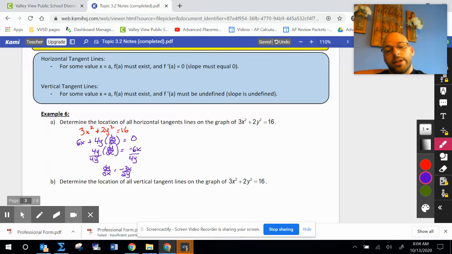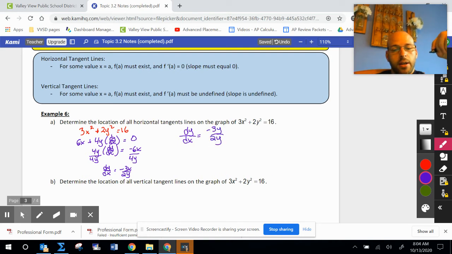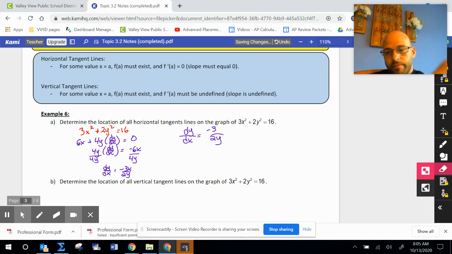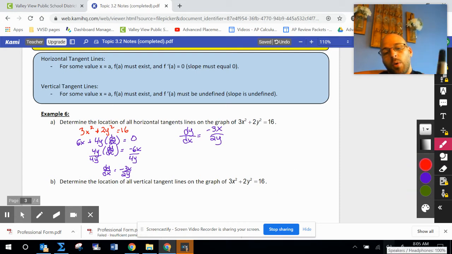So where are the horizontal tangents? The derivative is negative 3x over 2y. Oops, I wrote 3y over 2y, my fault, guys. Where is the slope of this tangent line going to be horizontal?